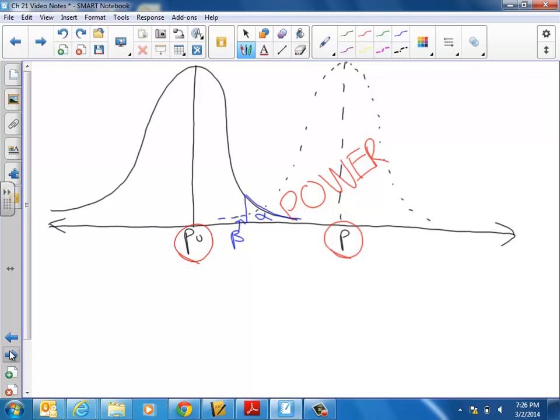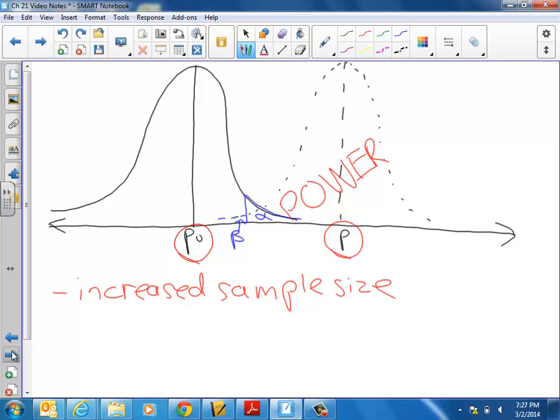P naught, again, is where the bell curve is centered that would explain how samples behave if the null hypothesis is true. Because the width of these bell curves is less here than it is here, that is explained by increased sample size.